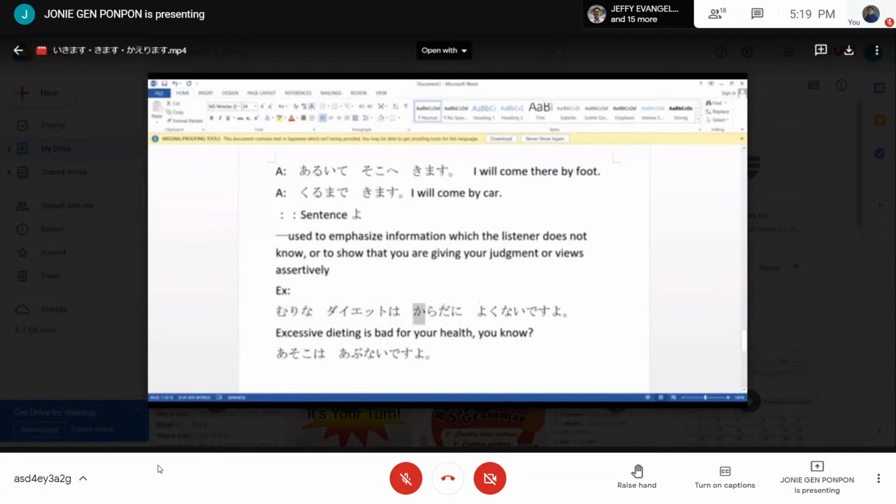And then karada is body. In this case, health lang ang gamit ko, but you can say body also. So it's bad for your body, bad for your health.